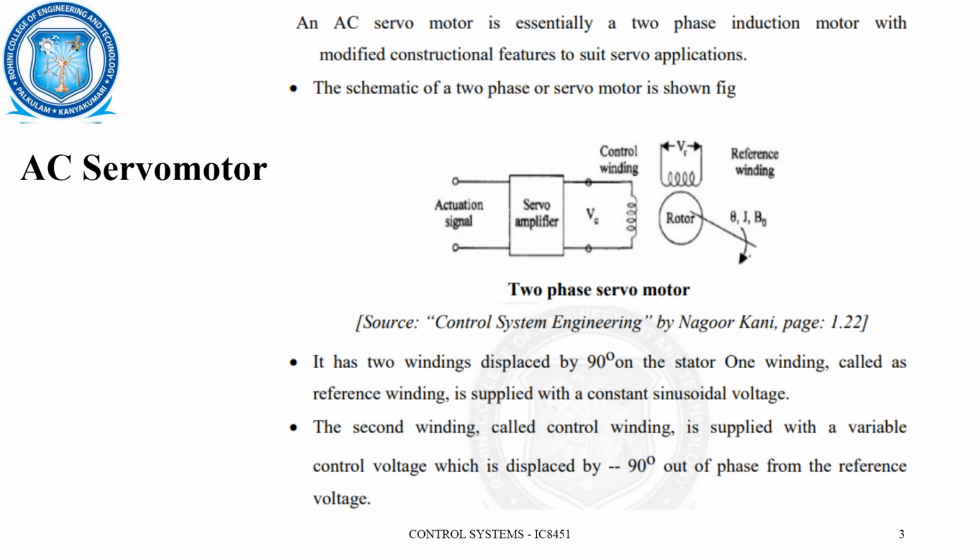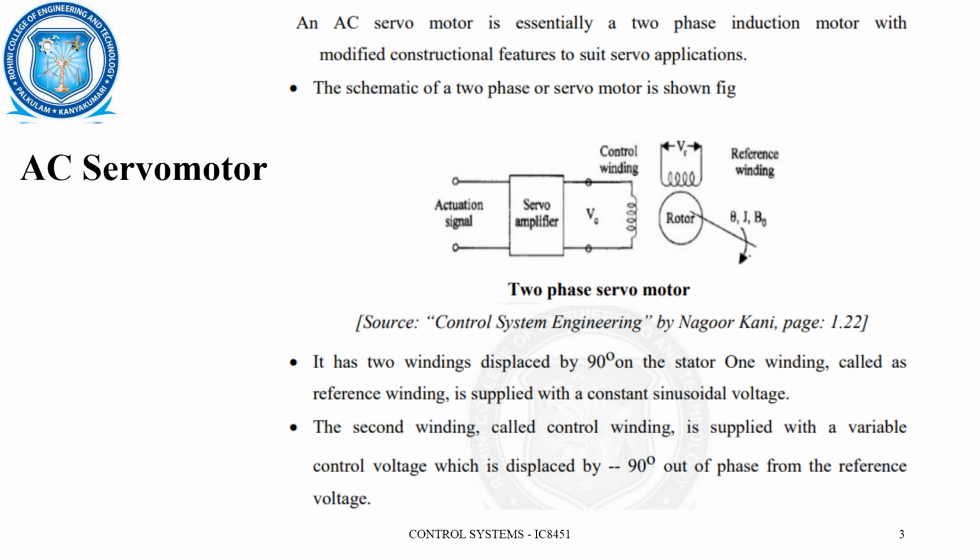And the rotor, the second phase is the reference winding where the voltage applied is called VR, that's the reference voltage. So while comparing the reference voltage and the actual value V0, the rotor is made to operate accordingly, and here we represent theta, J and V0 as the elements.